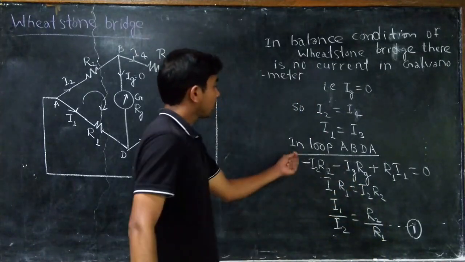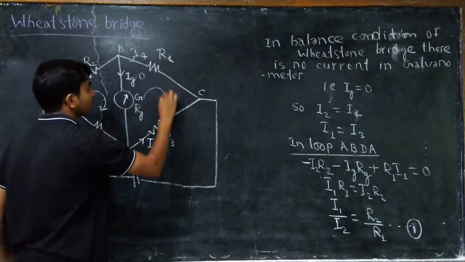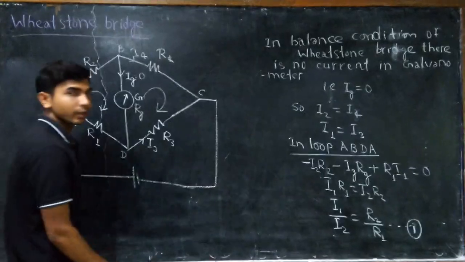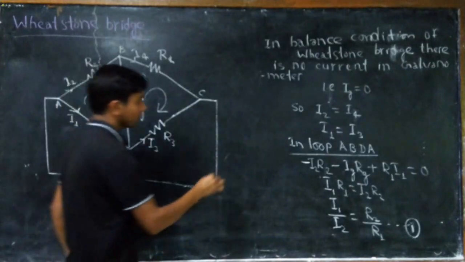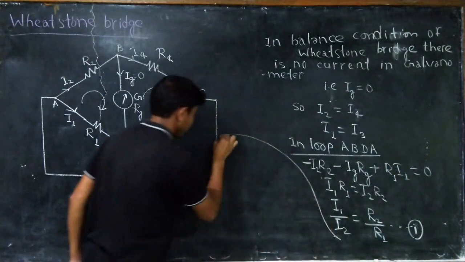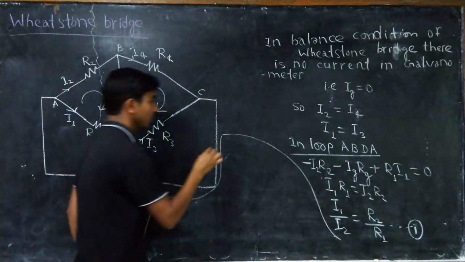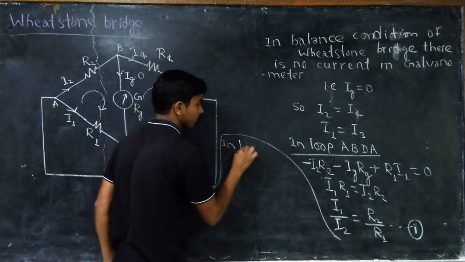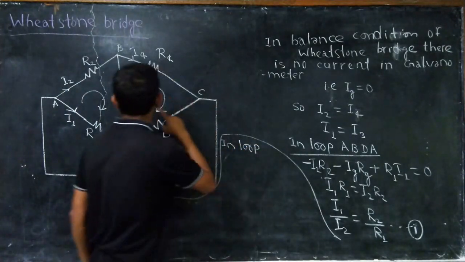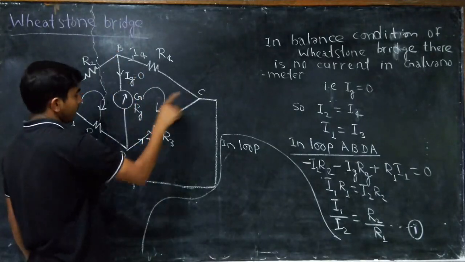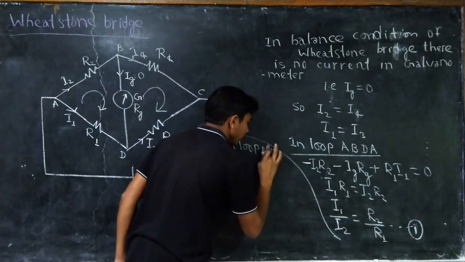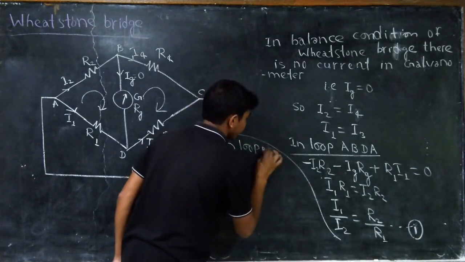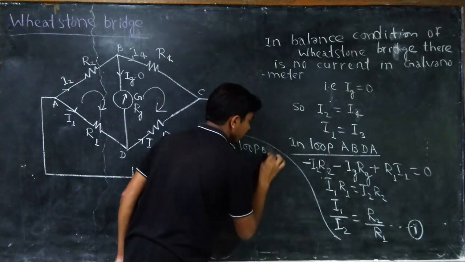Similarly, we are able to apply the loop rule in this one also, right? If I apply the loop rule in that one, we can write here in loop B, C, D, B, this loop.